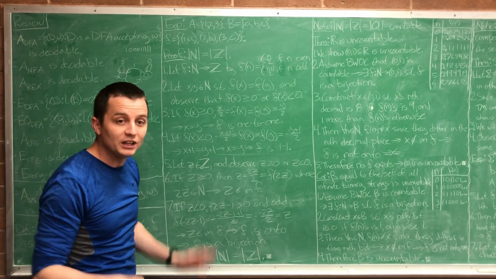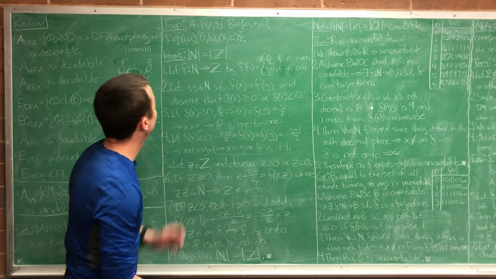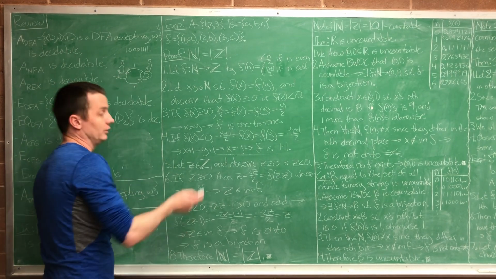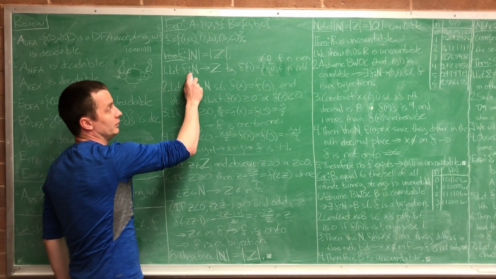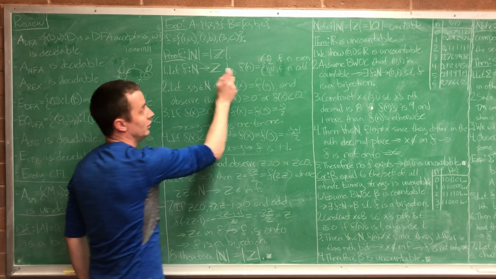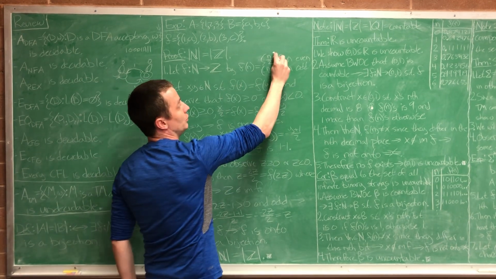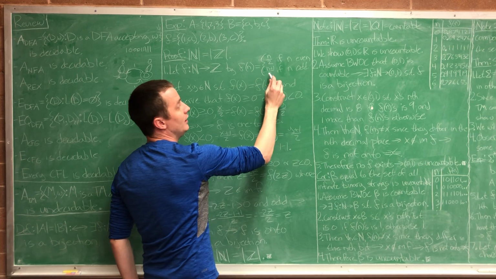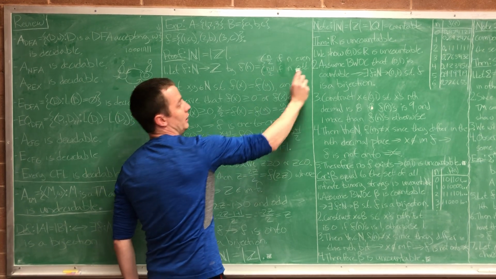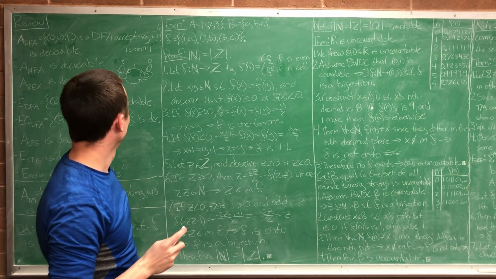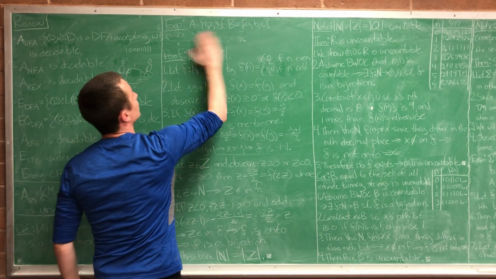How do we prove that? We need to come up with a bijection between the two. I need to prove that it's a bijection. So let f be the function that maps the natural numbers to the integers by f of n is equal to n over 2 if n is even, and negative (n plus 1) over 2 if n is odd. Let's get a feel for how this function maps.